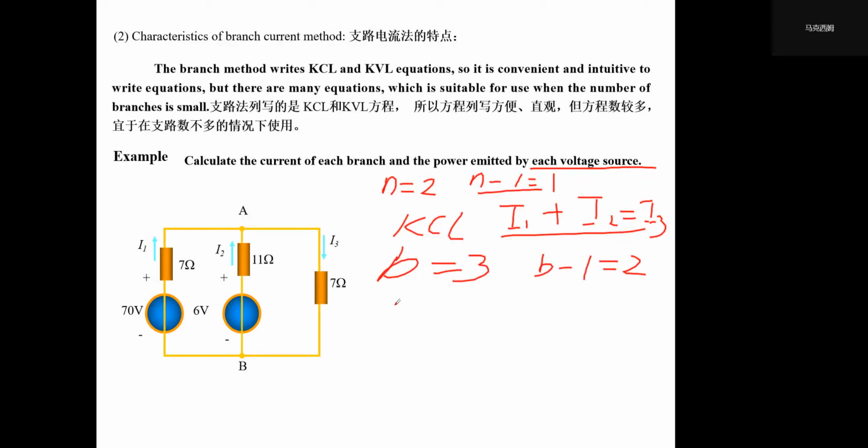So we have to write 2 KVL equations. And we can select a loop like this and this. We also can select the overall loop. Anyway, you can choose it any way you want.